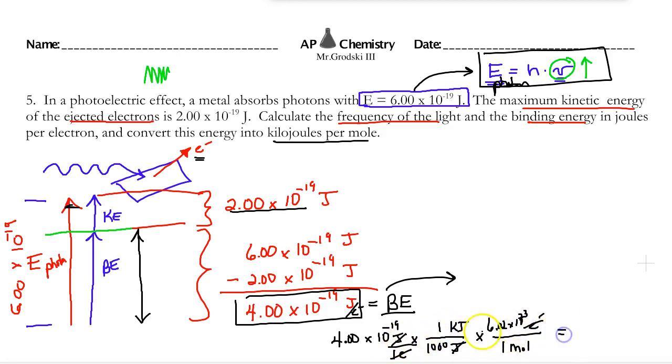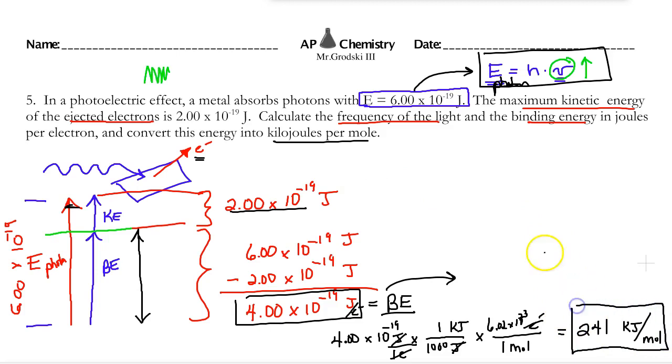So I take my 4.00 times 10 to the negative 19, divide by 1,000, times Avogadro's number, put that in my calculator, and I get approximately 241 kilojoules per mole. A mole of what? A mole of these photons, which will interact with a mole of electrons. And that's that part right there.